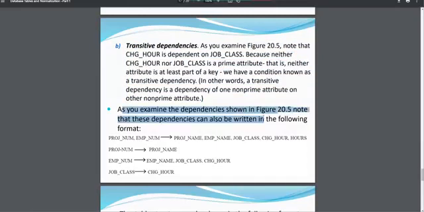Then project number, project name, employee name, job class, and charge per hour and hours. Everything in the record depends on this composite primary key. That is the function of a primary key or composite primary key.